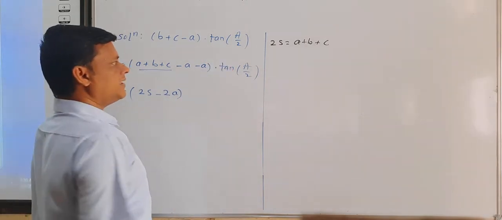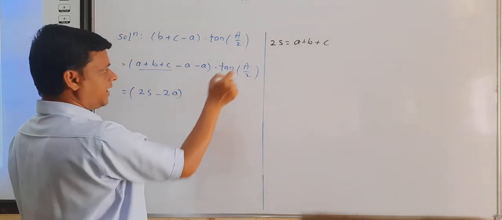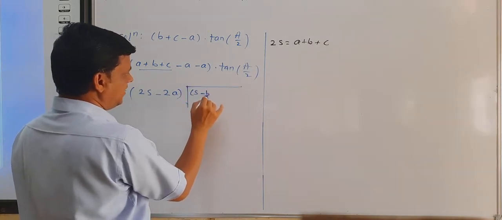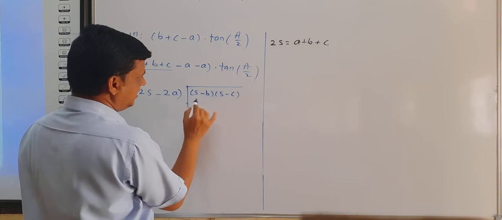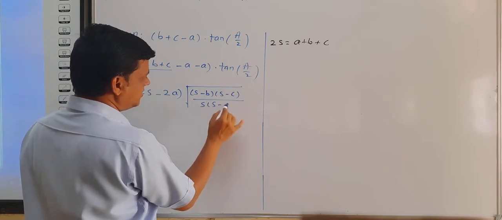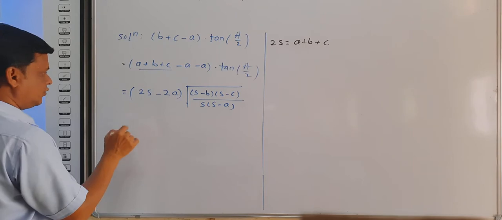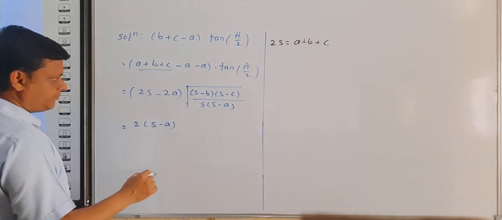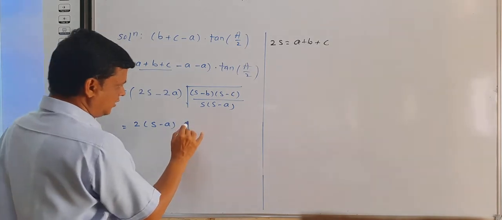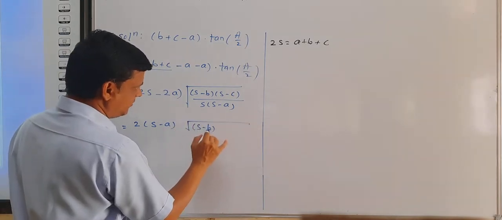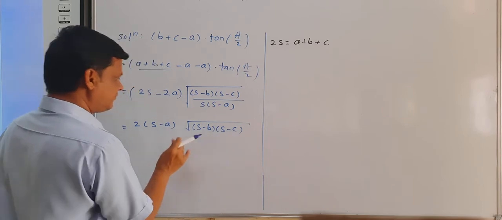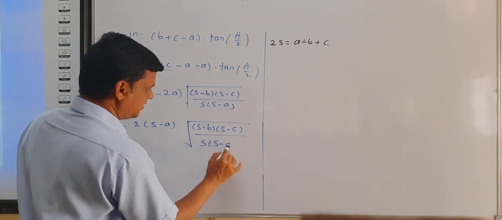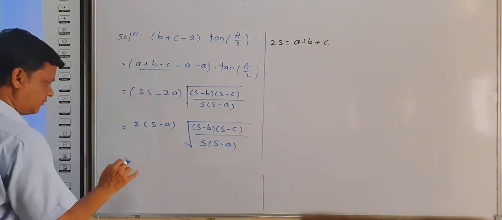Now we replace tan(A/2) by its value, under root (s − b)(s − c) upon (s − a). So taking 2 common from this we get (s − a) under root (s − b)(s − c) upon (s − a).